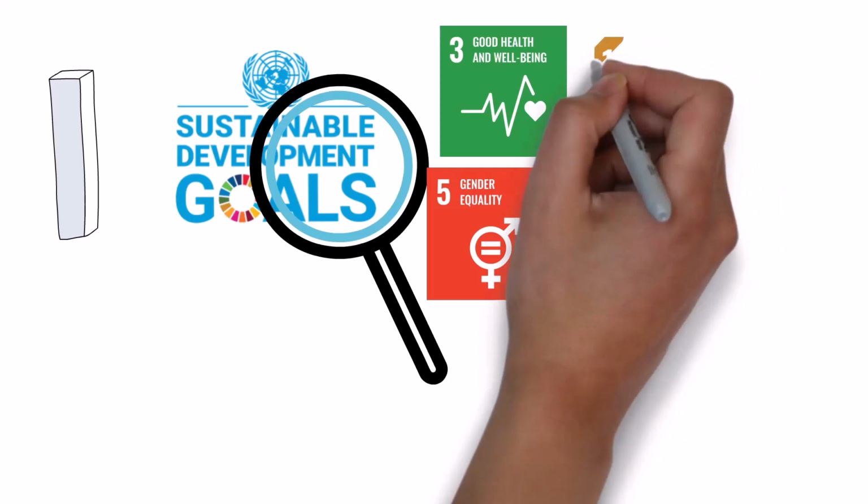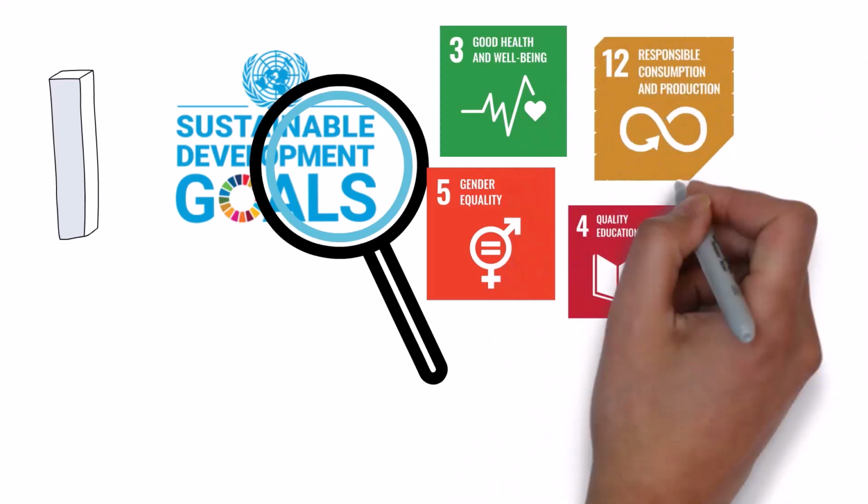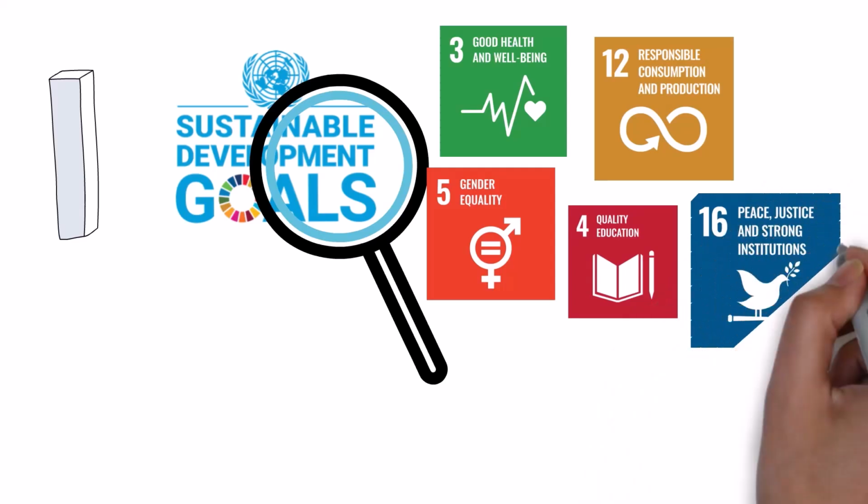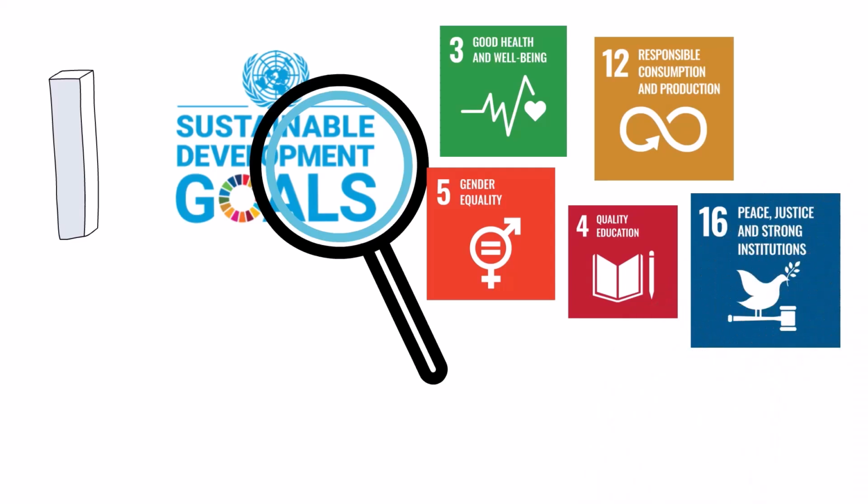Although of course it is important to get a good understanding of the different SDGs, as the nature of business research is quite eclectic and diverse, which means business research could potentially link to any of the SDGs.